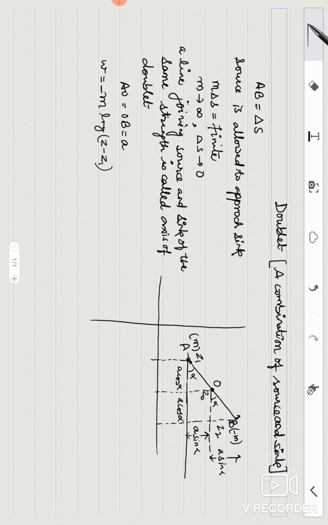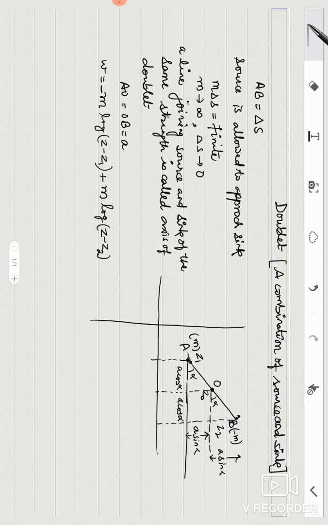Because if your source is at origin, then we write minus M log Z. But since our source is at the point Z1, I will write minus M log (Z minus Z1). Similarly, I will write for the sink. Our sink is at B, strength of the sink is M. So M log (Z minus Z2), since it is situated at Z2.